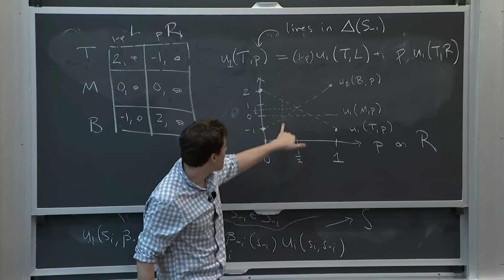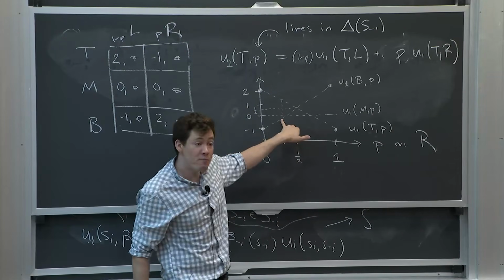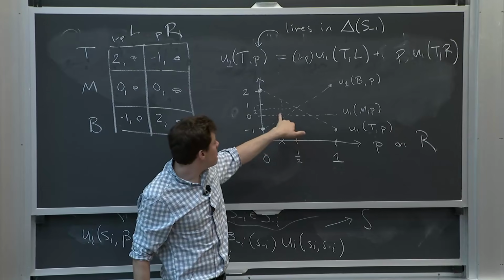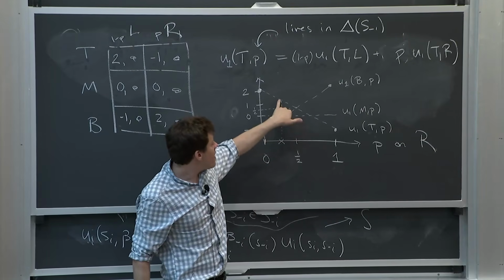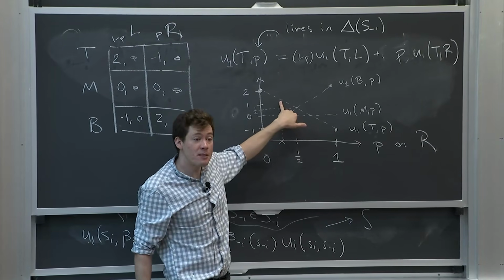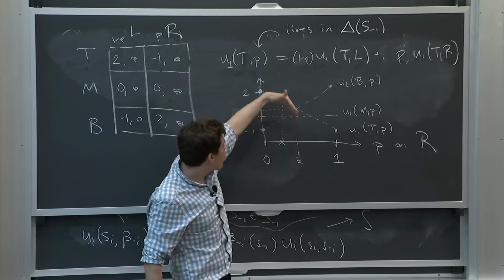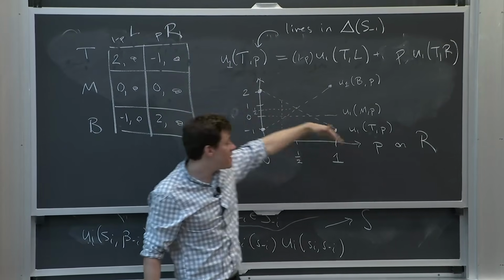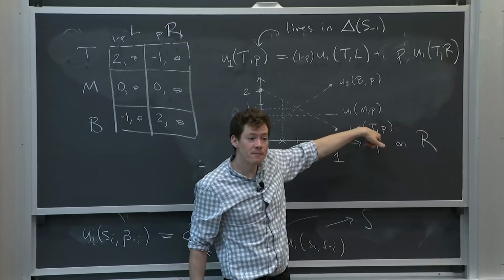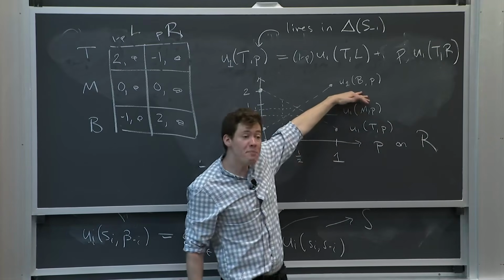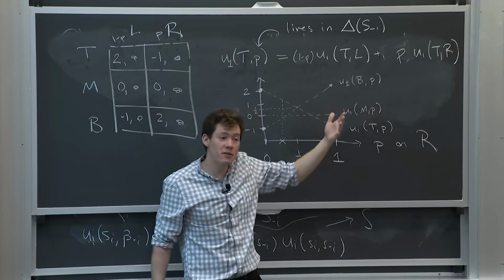So at this point, what it tells me is my lowest payoff is from B. M gives me my middle payoff, and then T gives me the highest payoff. So at any beliefs where the highest curve is T, T is my best response. At any beliefs where B is the highest curve, B is my best response.